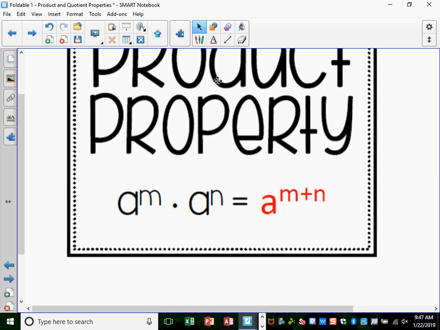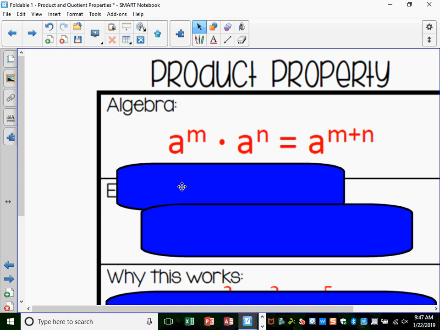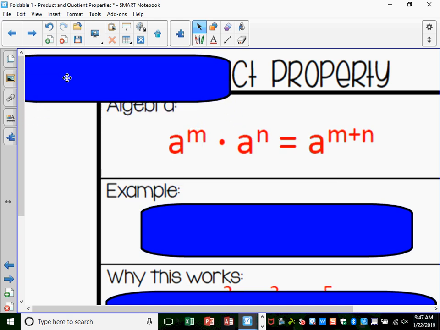So this is saying when you're multiplying, so when you see a dot, you're going to take the same base, A, and you're going to add the exponents together. Let's just take some concrete numbers here. Here again, you just have the rule: you have base A, you have a number here, you add them together.